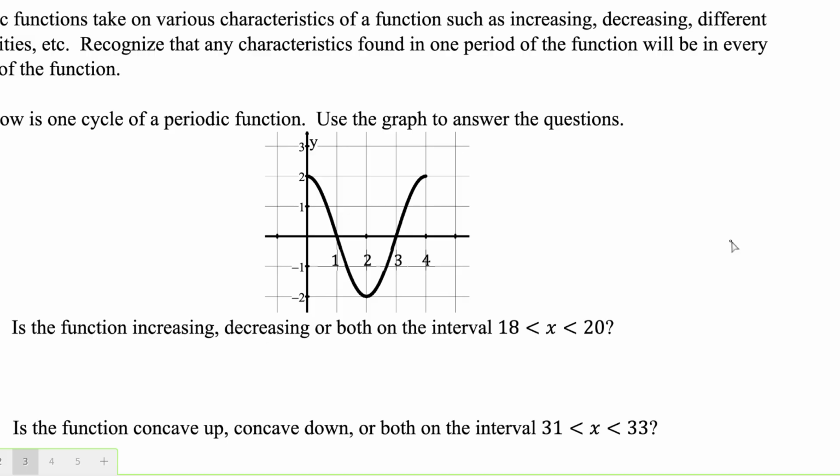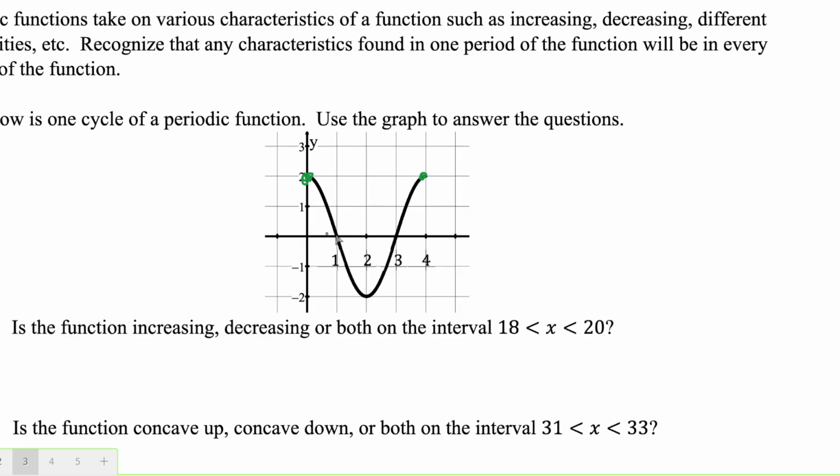Okay, all right. Is the function increasing or decreasing? So how do we find 18 to 20? Notice, look at your graph. It only goes from 1 to 4, and you don't have space for 18 to 20. So what you will do is, how many units is it from here to here? This starts at 0, and this stops at 4.